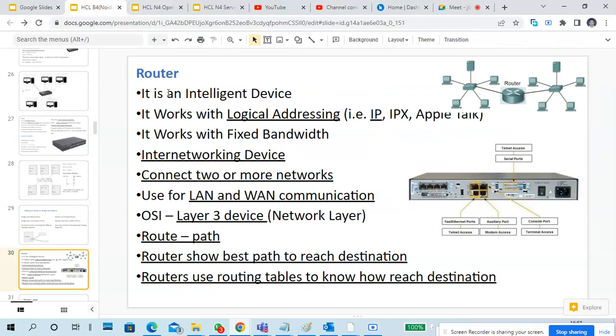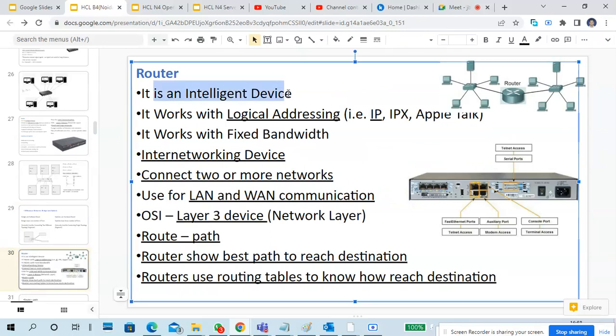Next important device is a router. A router is an intelligent device, of course. A router understands the IP address concept, the logical address. A router is a layer 3 device, the OSI layer 3, called the network layer. A router is used for both LAN and WAN communication, both inside communication and outside communication.